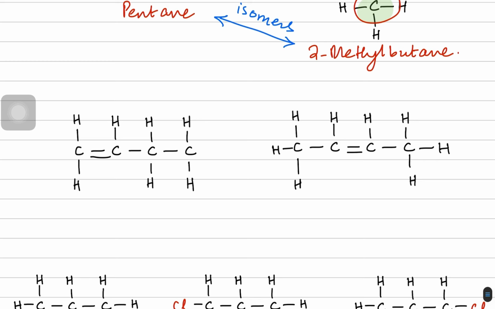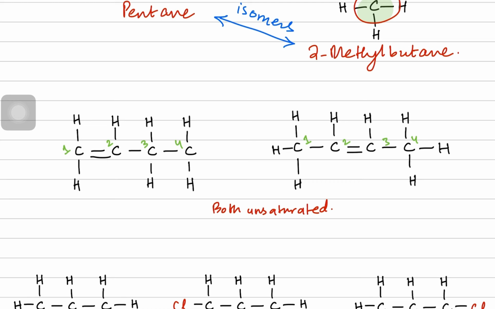Now I want you to look at these two structures, which are both 4-carbon compounds, and if you look closely you would be able to identify that both have a carbon-carbon double bond. So they are both unsaturated and they both belong to the alkene series. But we need to see one thing, that when I allocate numbers to both carbon chains, for example carbon 1, 2, 3, 4 and carbon 1, 2, 3, 4, I can clearly see that the double bond is in the corner for one compound, but it's in the middle for the other compound.